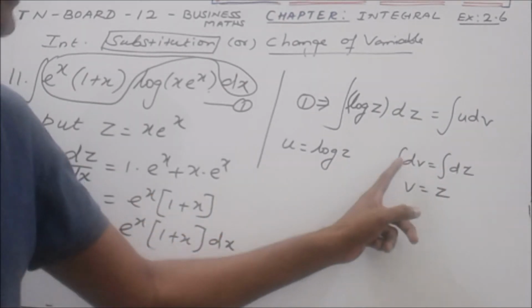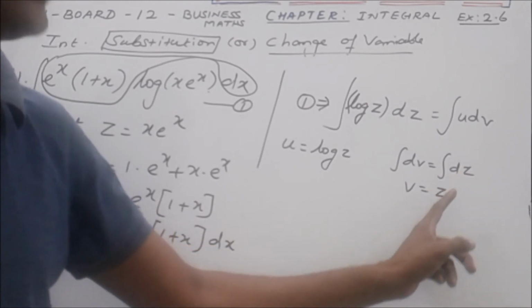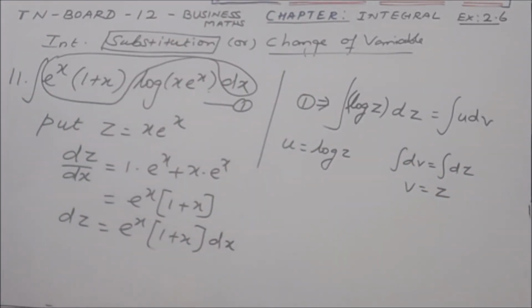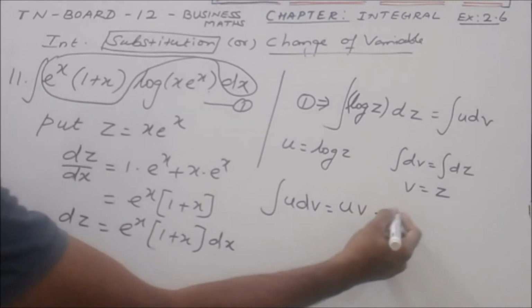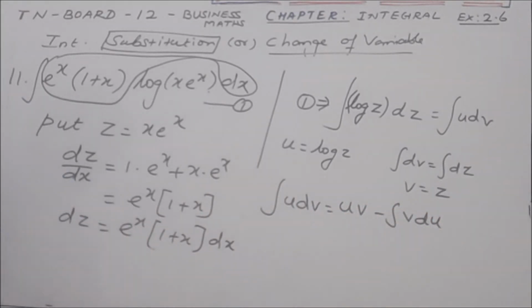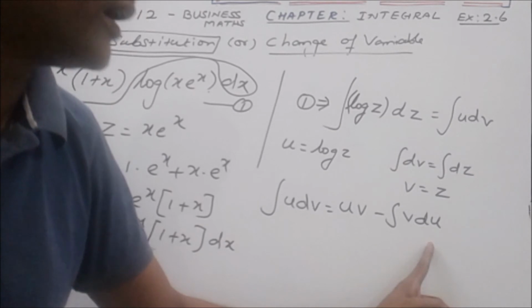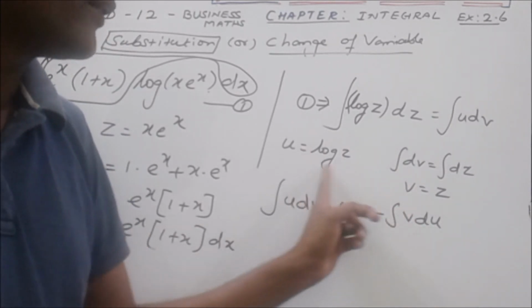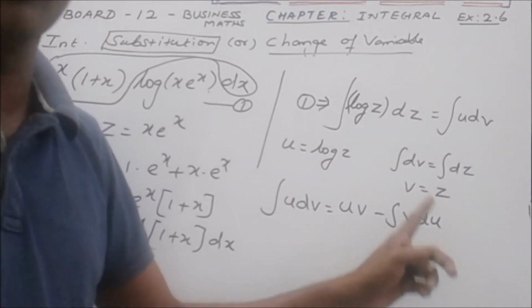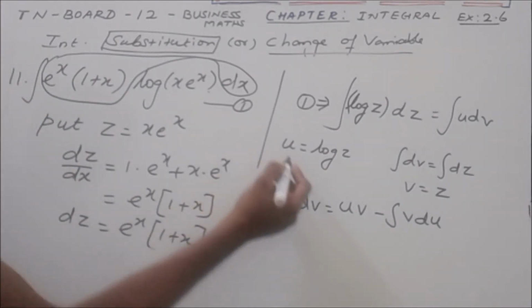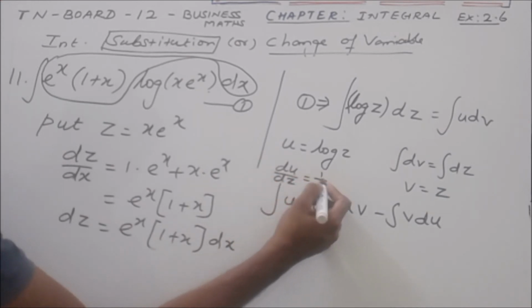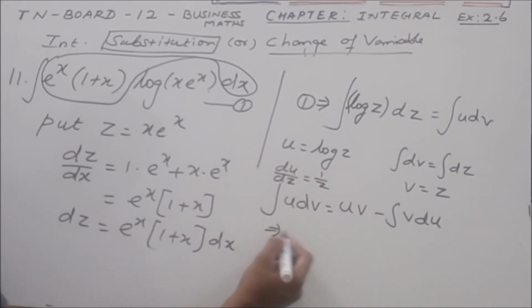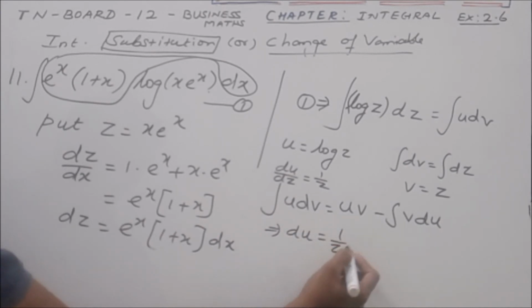From this integral dv we can derive v, and integral dz is z. By the integration by parts formula, integral u dv equals uv minus integral v du. We need the value of du here. Differentiate: du by dz equals 1 by z, which implies du equals 1 by z dz.